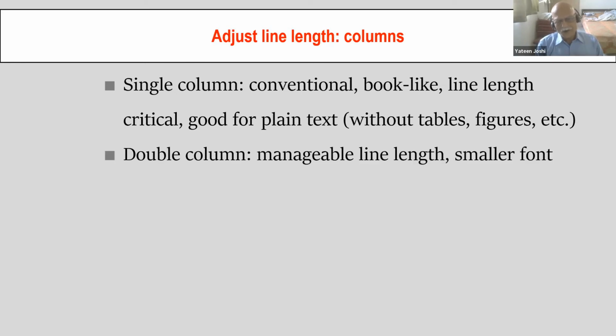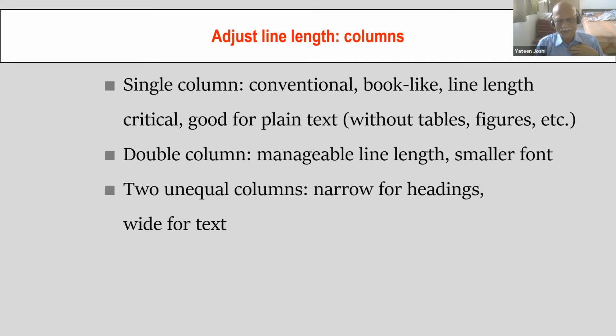Whereas a double column setting is a good trade-off because it gives you fairly shorter lines. You don't have to increase the font size for readability. And it allows you some flexibility in placing non-text elements like tables or figures or photographs and so on.